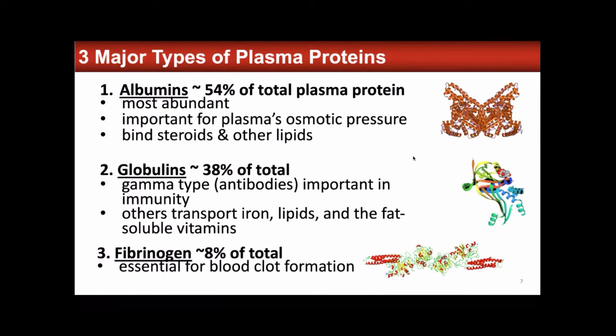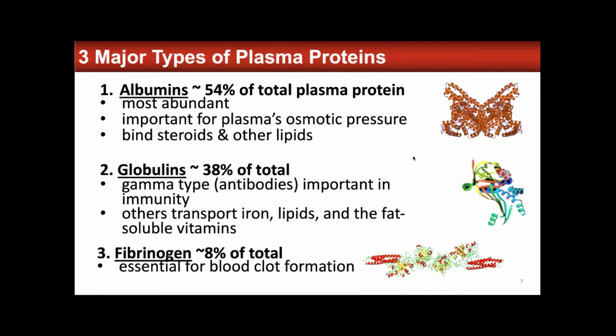You want to sort of know these three classes of proteins and which is the most common, which is the least common. So albumins are the most common form of protein, and there are a whole range of them. Albumins are often transport proteins for things like steroids and other kinds of lipids. So cholesterol, estrogen, testosterone, fat-soluble vitamins.